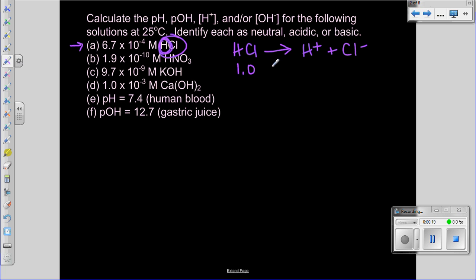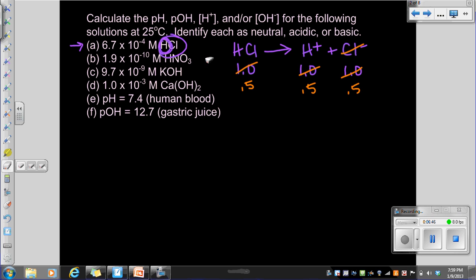And remember back in the fall, we said if the concentration of a strong acid or base were 1 molar, with molar coefficients being the same, your hydrogen ion would be 1 molar and your chloride ion would be 1 molar. If this were 0.5, it's a 1-to-1 ratio, H plus would be 0.5, chloride would be 0.5.